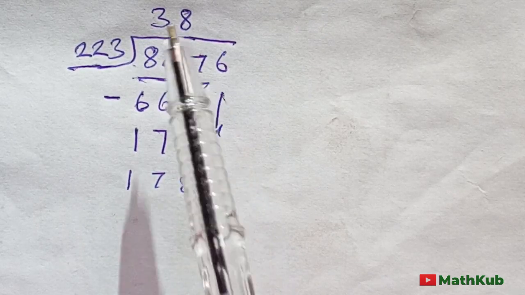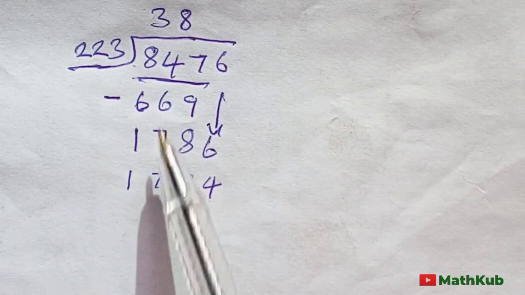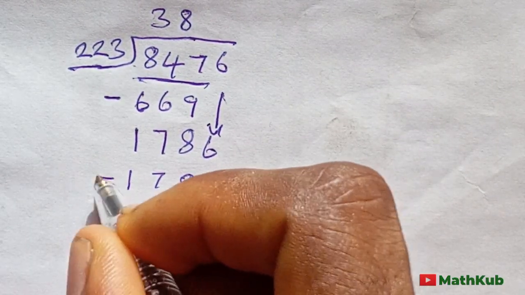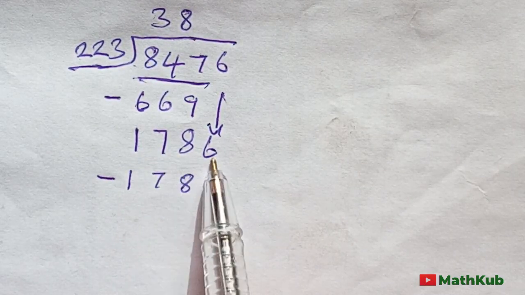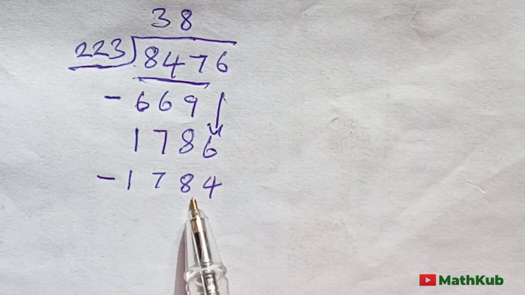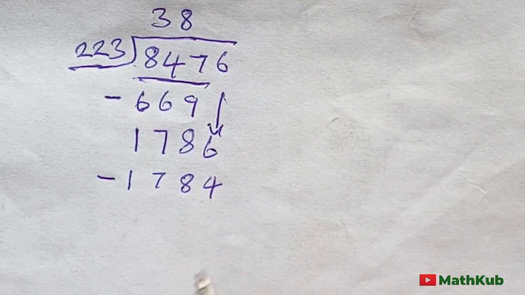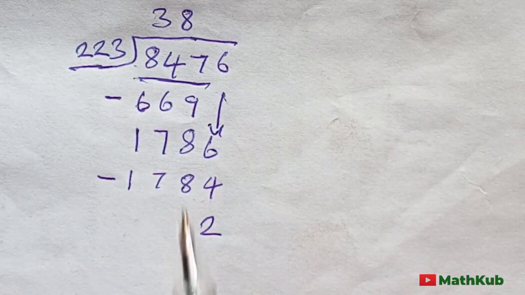You write 8 and carry 1. 8 times 2 again, you have 16 plus that 1, 17. So this is correct. Now you subtract 1786 minus 1784. 6 minus 4, you have 2.